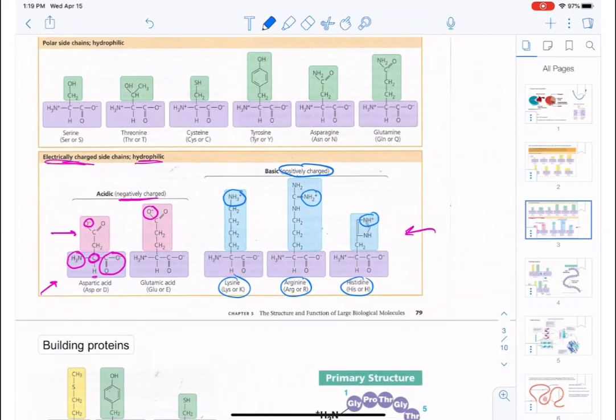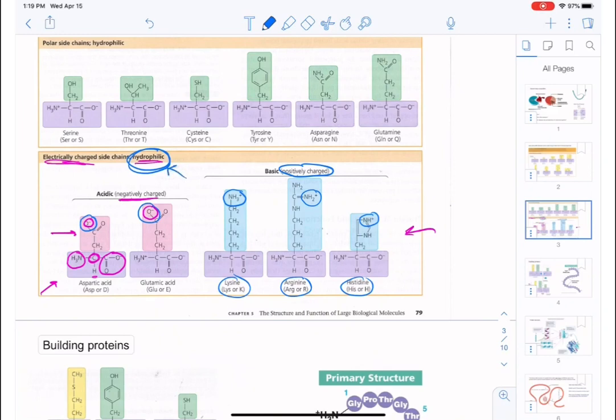And a connection I want to make is that the fact that these amino acids, these side chains, have charges associated with them, that makes them hydrophilic. If something has an electrical charge, that means that it's going to be able to be dissolved in water.